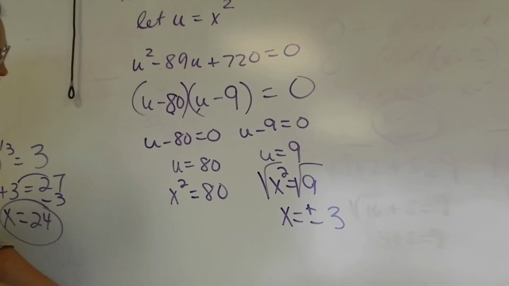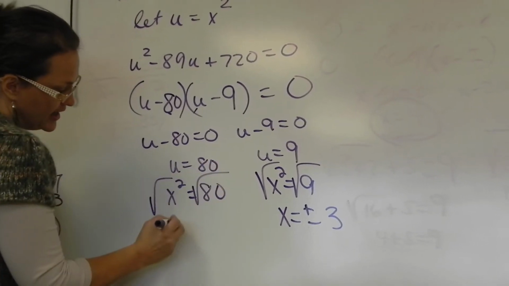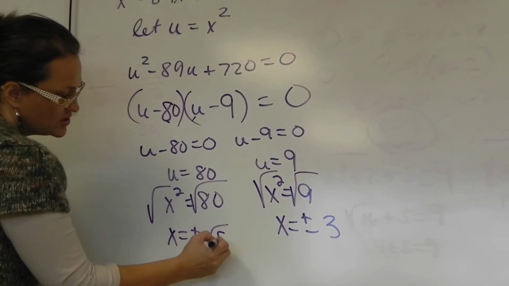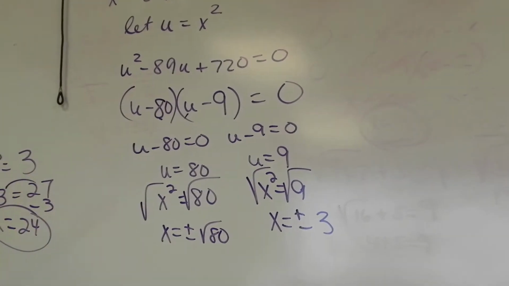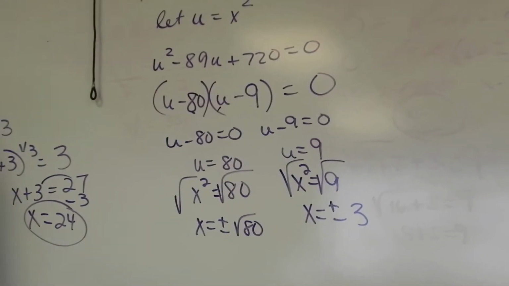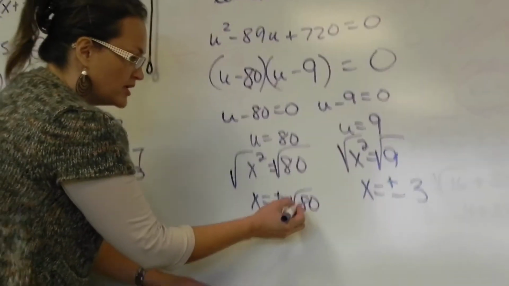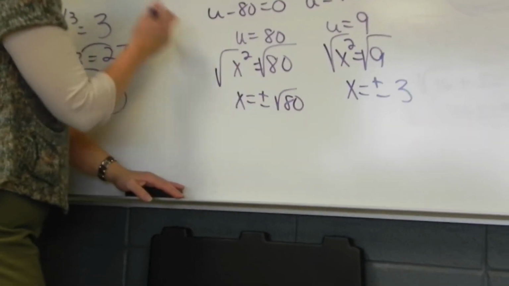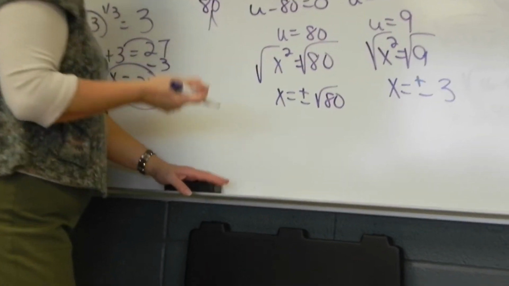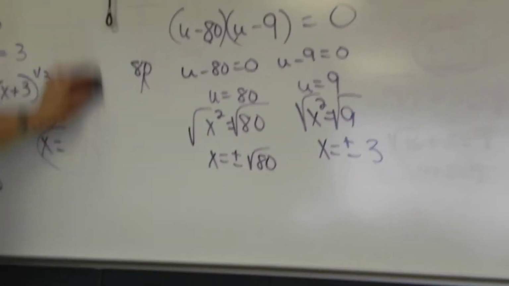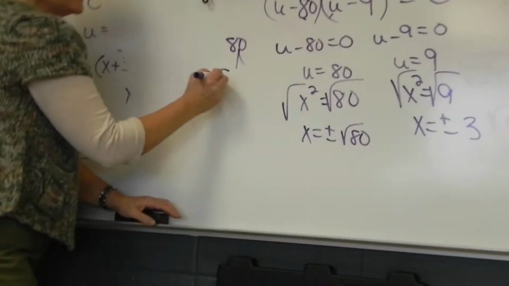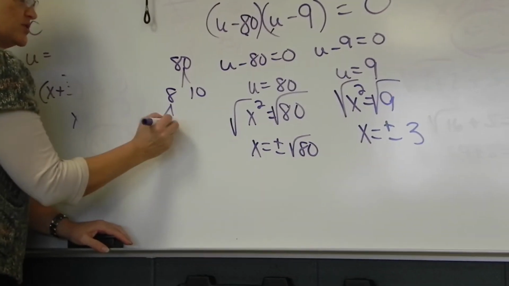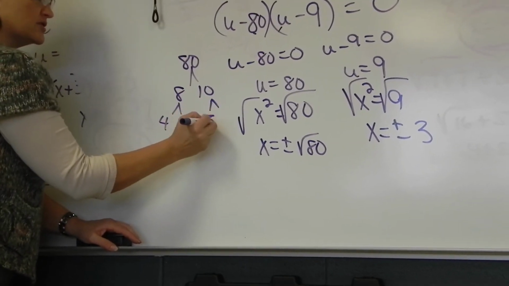Same thing over here for the 80. We'll square root each side, and x is plus and minus square root of 80. But this one will reduce a little bit. You know, it's not perfect like the 9, but we can break out a perfect square. Some of you all, and I like this, it's just the absolute way to get the answer. Break 80 down with a factor tree into its prime parts.